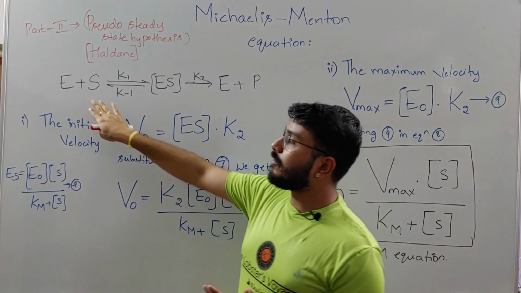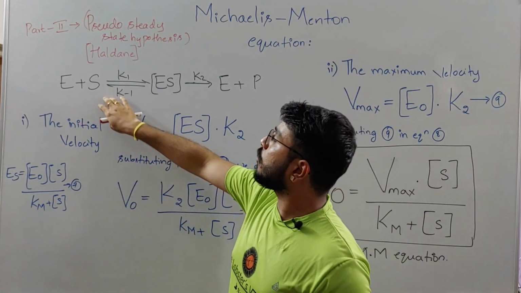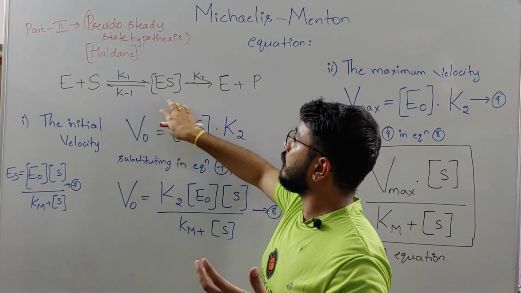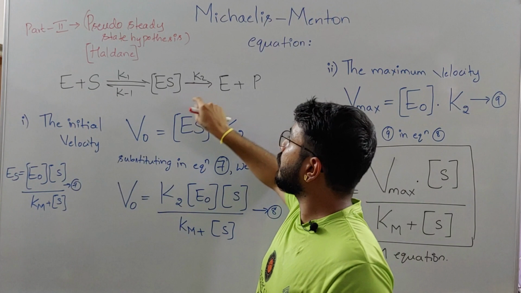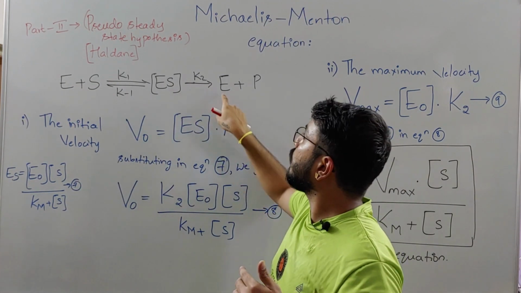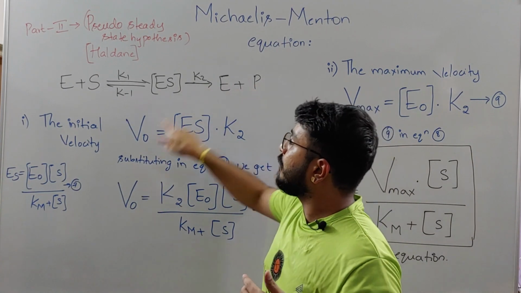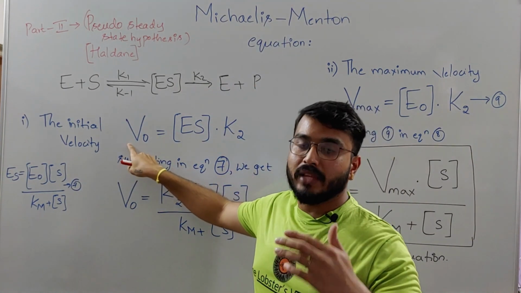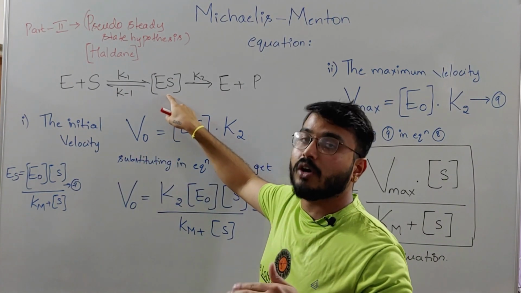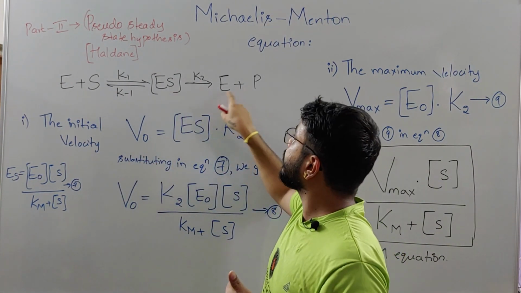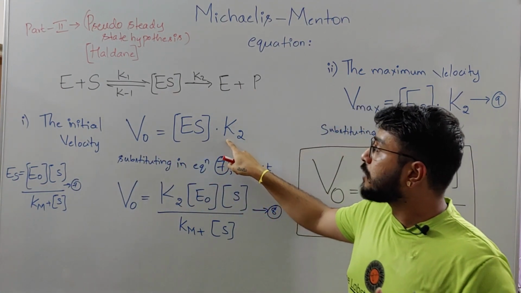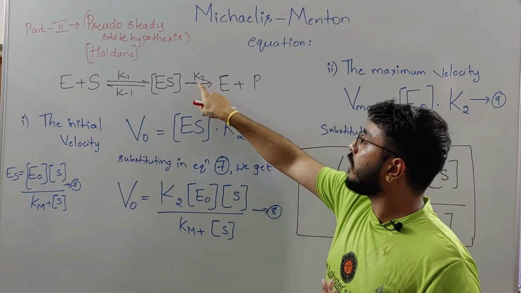The velocity of the chemical reaction that involves an enzyme purely depends upon the speed of the chemical reaction, and the velocity is usually calculated in the step that is the disintegration of the enzyme substrate complex into enzyme plus product molecule. While calculating the initial velocity of the chemical reaction, V0, that purely depends upon the disintegration of the enzyme substrate complex into enzyme plus product, the constant being K2.